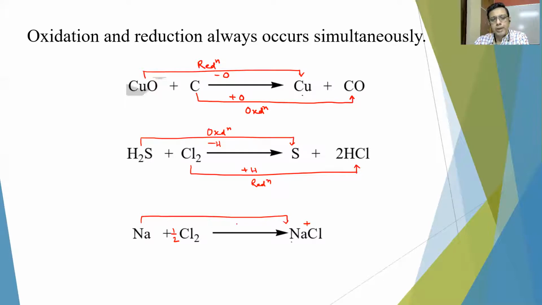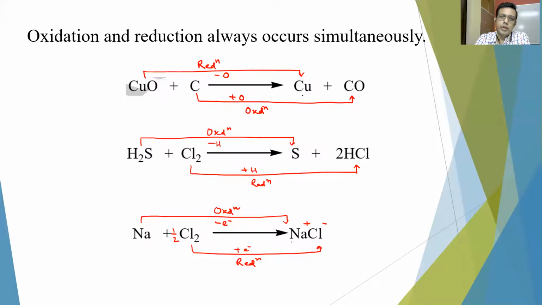So when sodium becomes Na+, it has to lose one electron. So when electron is lost by an atom, this is called oxidation. And chlorine becomes Cl-. So chlorine has taken an electron and gain of electron is called reduction. So during this reaction, sodium is oxidized and chlorine is reduced.